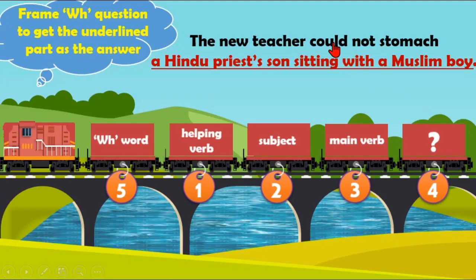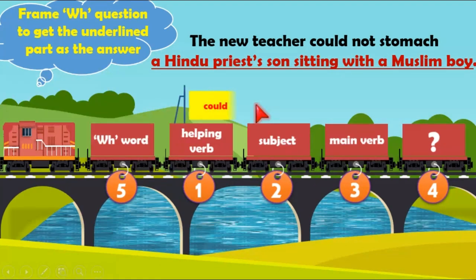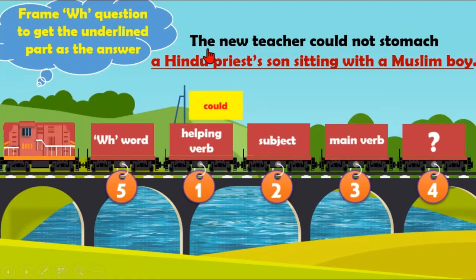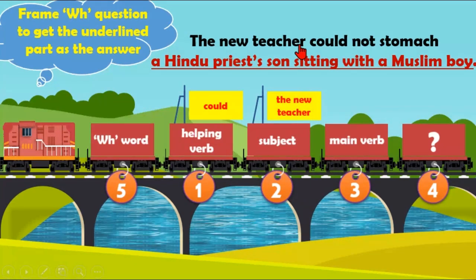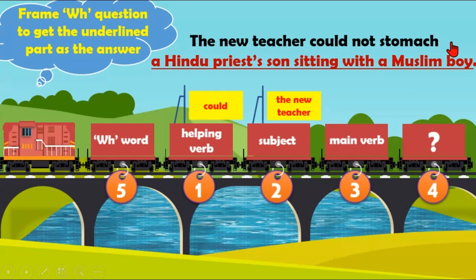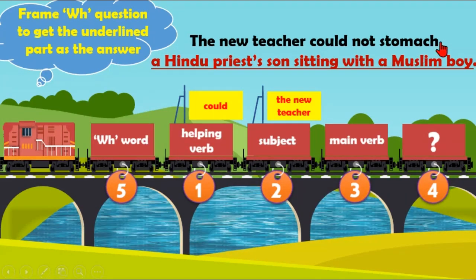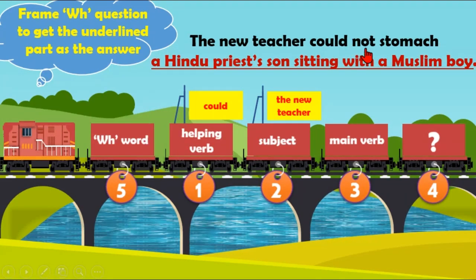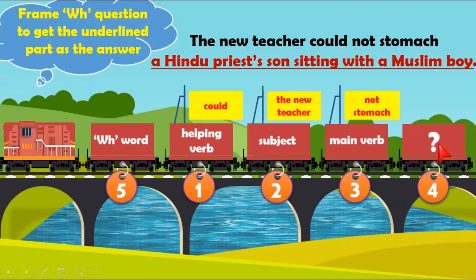What is the helping word? Could. Then you write as usual. Then the subject. The new teacher is the subject. Then the main verb. Here the main verb is stomach. Not only stomach, it is a negative sentence. Could not stomach. So you should write not stomach. Then the question mark.